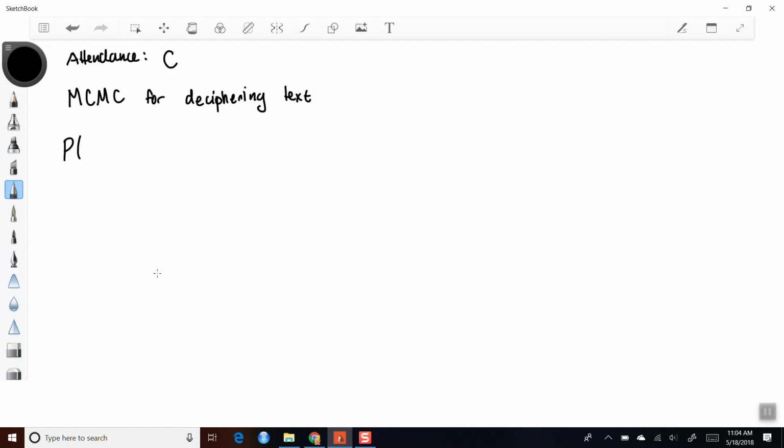Effectively, what we are doing is almost Bayesian, but barely Bayesian, in that we're trying to figure out the probability of some letter mapping. A mapping being, the letter A corresponds to the letter E, and C corresponds to the letter K or something, because we've ciphered this text.